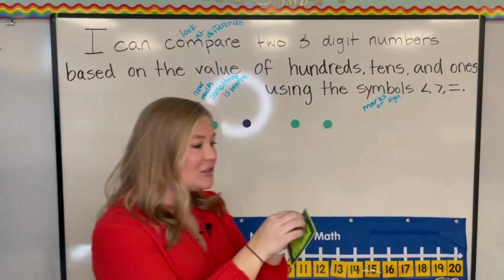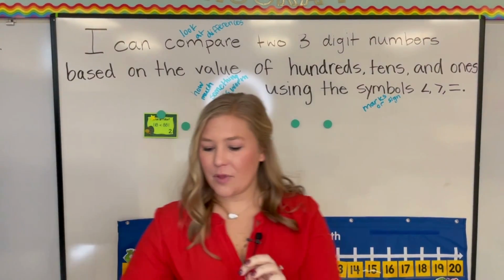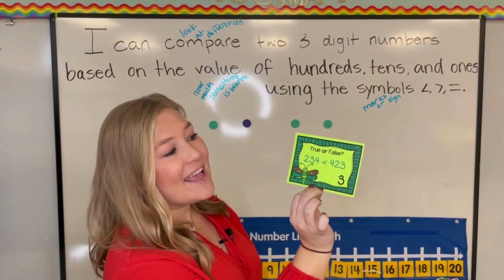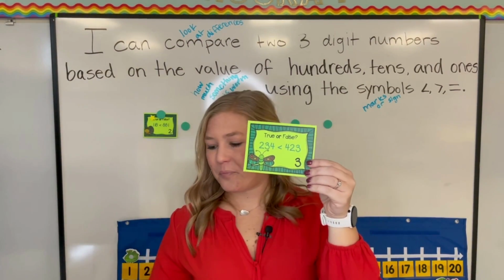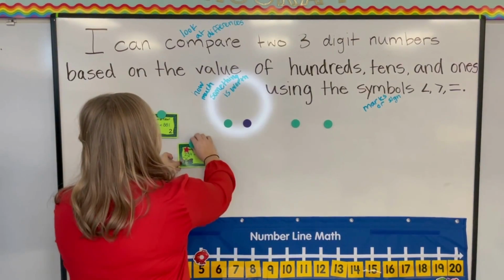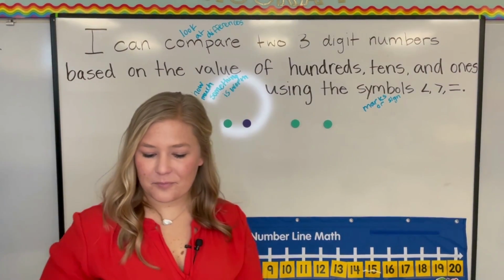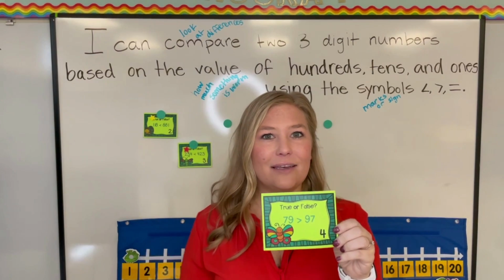You're right, this one's true. What about 234 is less than 423? You're right, this one's true too. What about 79 is greater than 97?